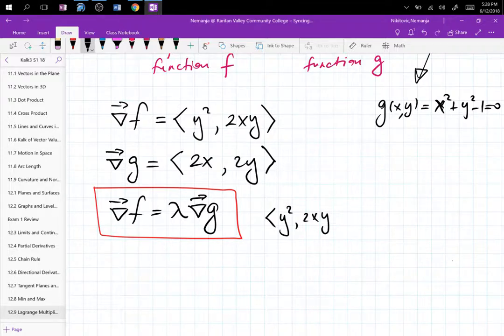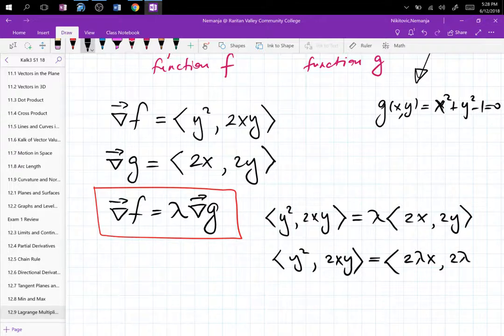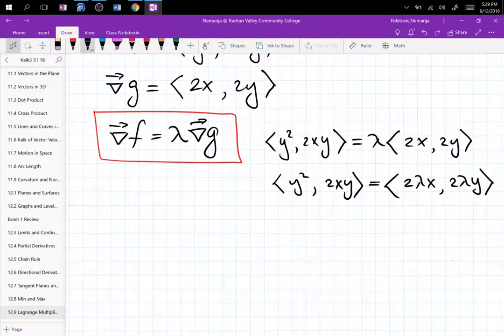Del f is equal to lambda del g. And now you know that lambda will distribute, so you will have 2 lambda x and 2 lambda y, because that's just a constant that distributes inside.